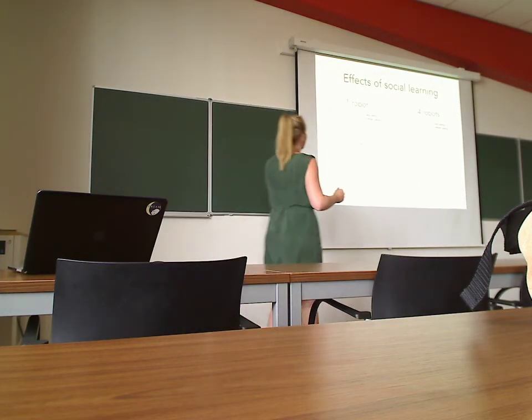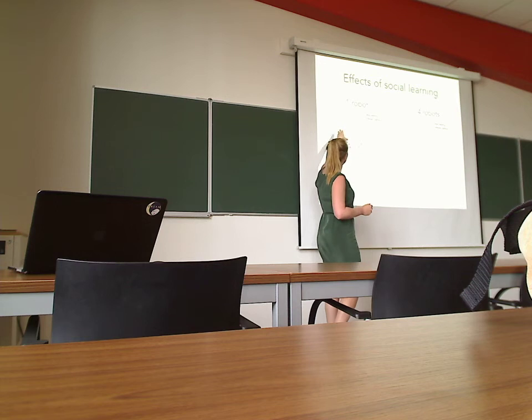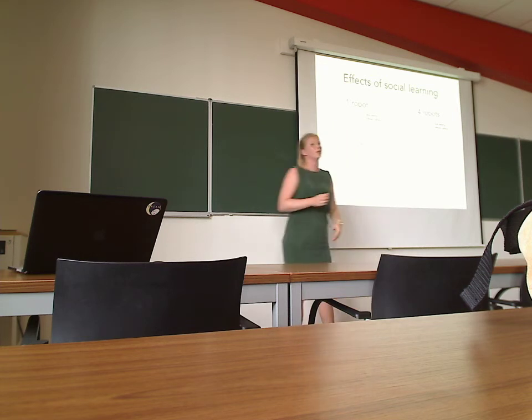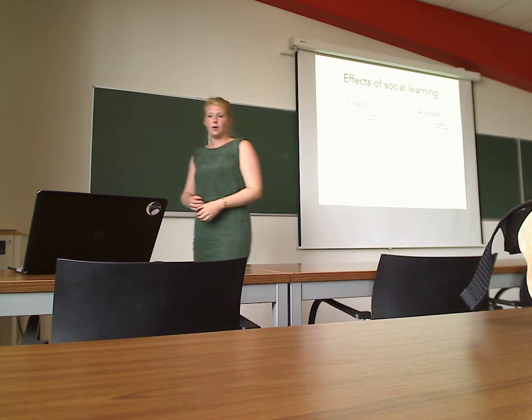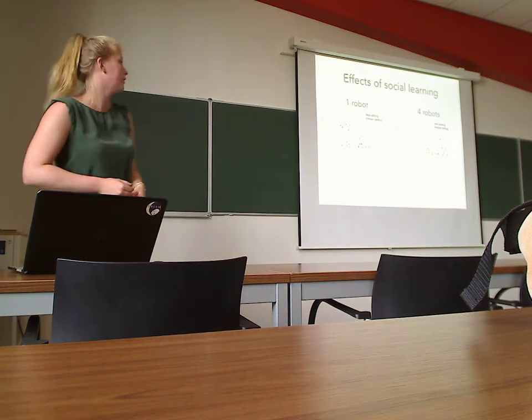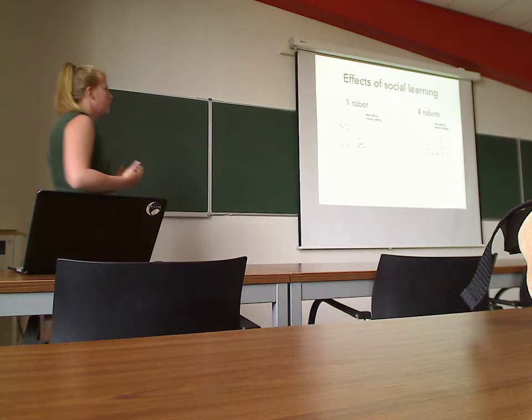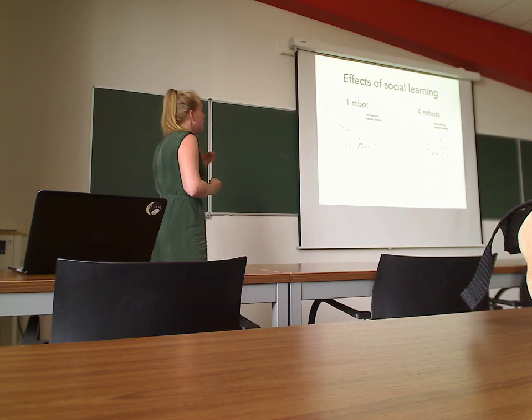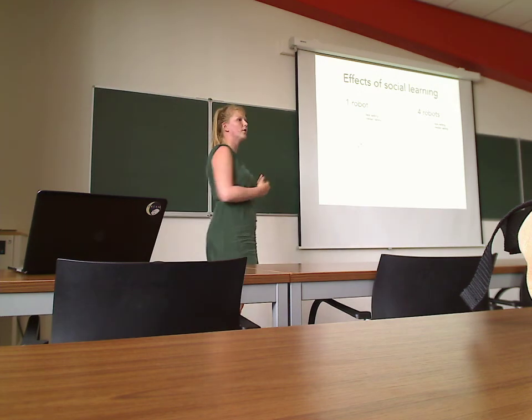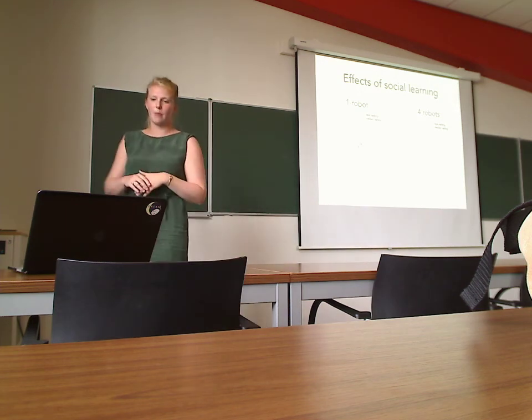And we also see that the blue dots moved to the right, but also are not converged anymore as fast. So social learning can reduce this convergence and in the end results in the highest absolute value.